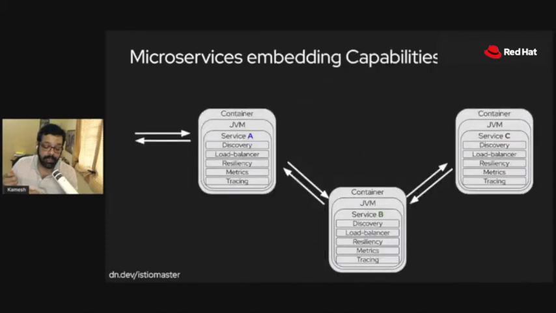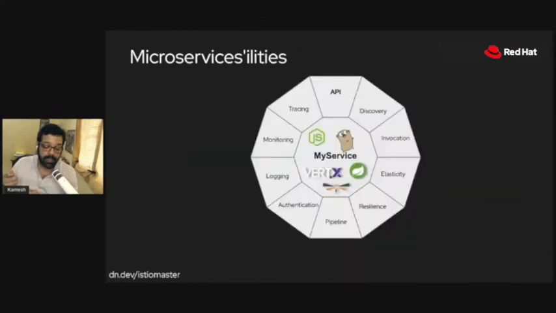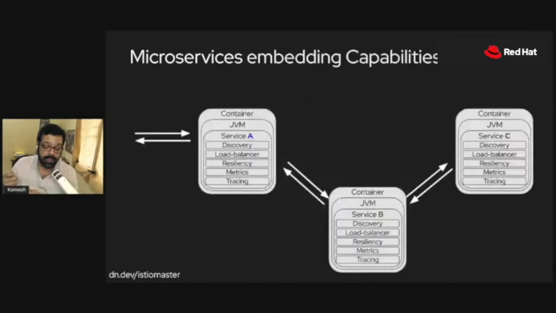What was happening before, and I'm just taking a Java example in this case, is that when I discover the microservices and have these kinds of properties embedded within my microservices, they started to bloat. For example, my microservice has to encompass the discovery mechanism, the load balancer mechanism, resiliency, metrics, tracing, right?